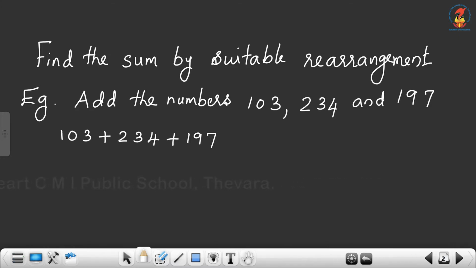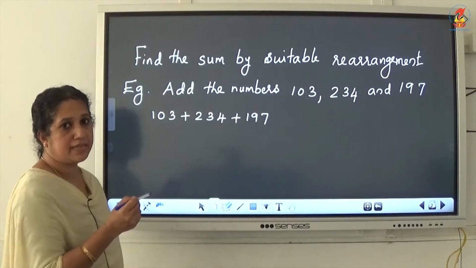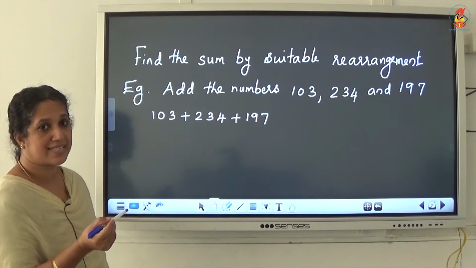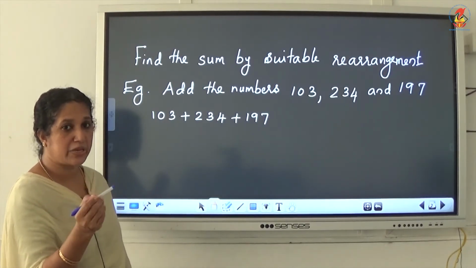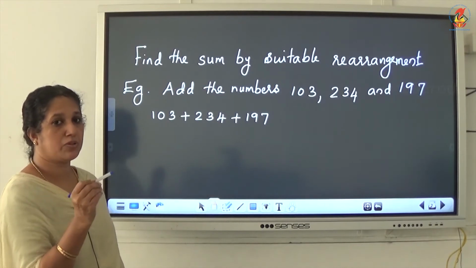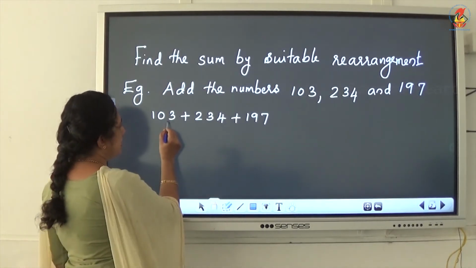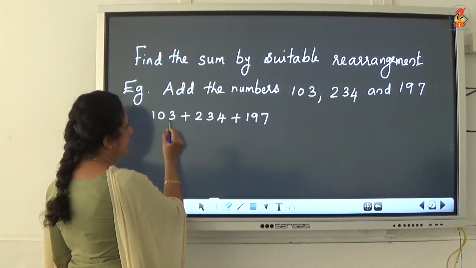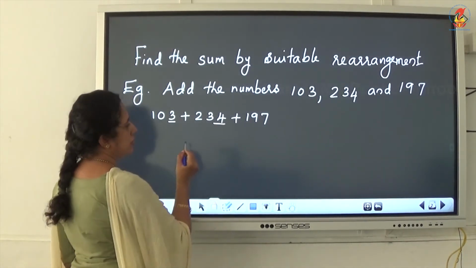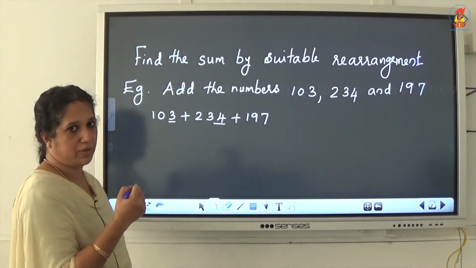Now look at here. When you add 3 and 4, what will you get? You will get 7, the last digit as 7. Here we have to get the last digit as 0. So which numbers should we consider? If you consider 103 and 234, adding 3 and 4 gives the sum 7 only.